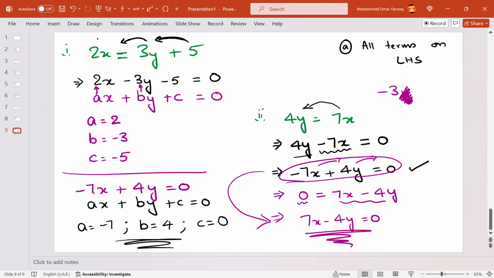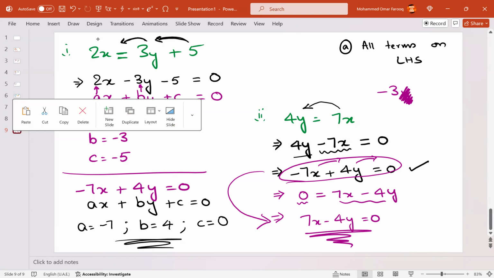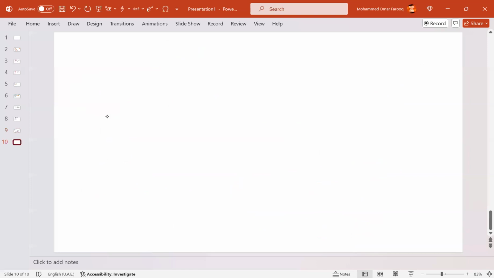Sir, in the first method you took -1 common from them and you made it 7x minus 4y. Then after that, where did the -1 go? I'll write it. See, actually it is minus 7y plus 4y is equal to 0, right?